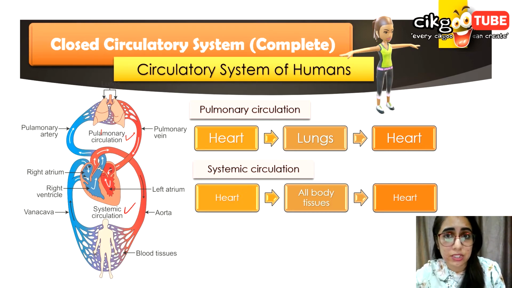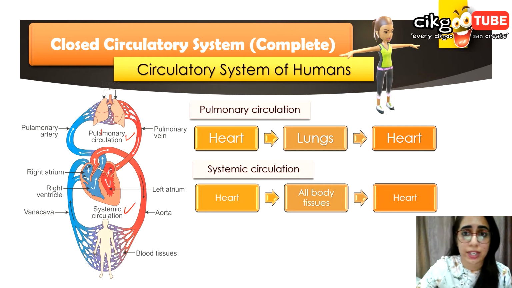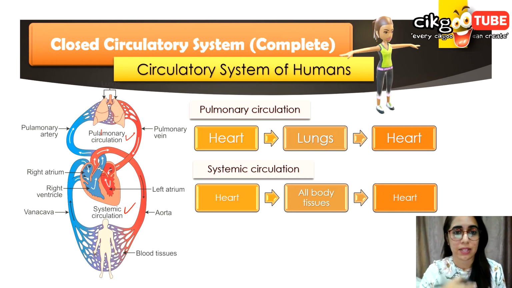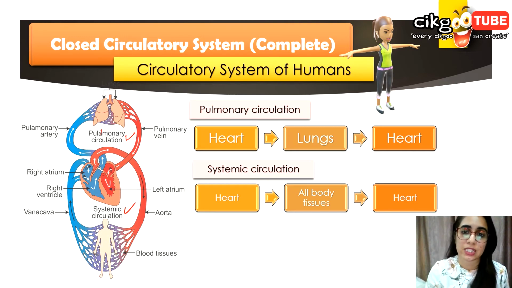Now pulmonary circulation, the main function is to carry deoxygenated blood from the heart to the lungs, and then oxygenated blood back from the lungs to the heart. But systemic circulation is between the heart and the body tissues. So systemic means body tissues and pulmonary means for the lungs. Okay, now let's look at the pulmonary circulation.